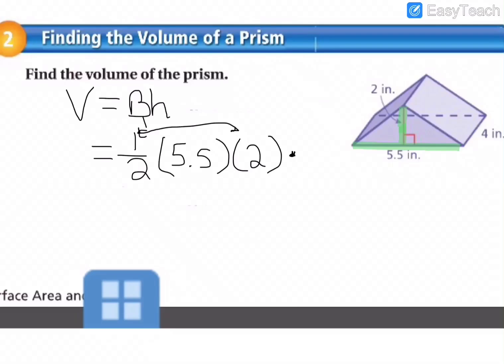Now, this is where you have to really picture this in your head. It would be so much easier if we were in the classroom and we had the actual 3D shapes in front of us so we could visualize it better. But if the triangles are your bases, think about this prism actually sitting on the triangle. It's going to be turned upwards, which would indicate that this is the height.